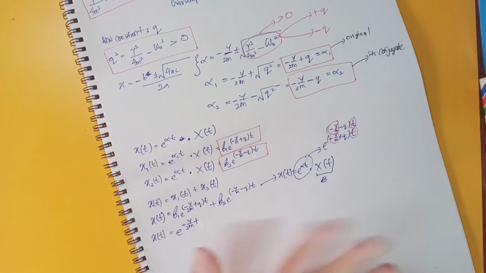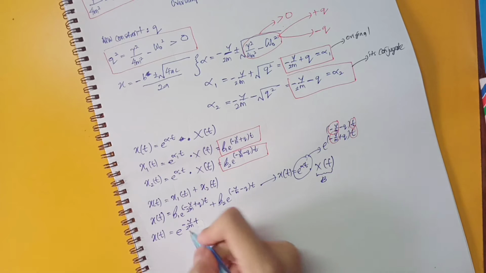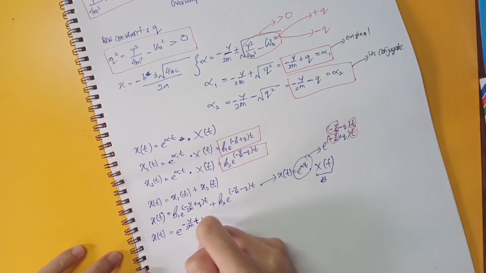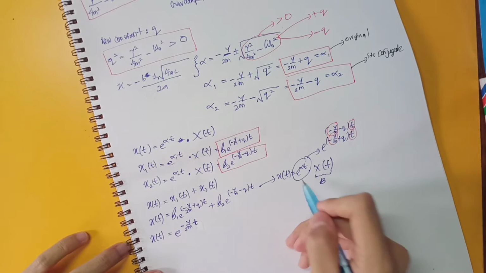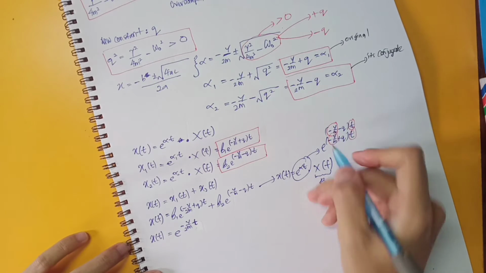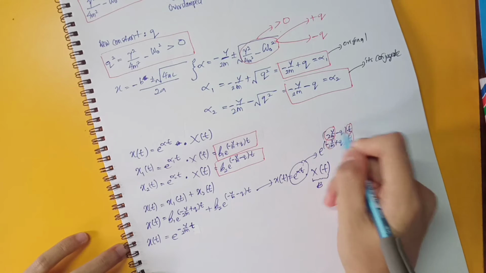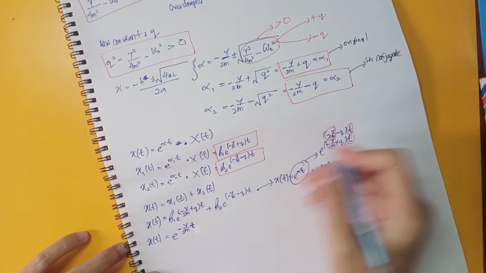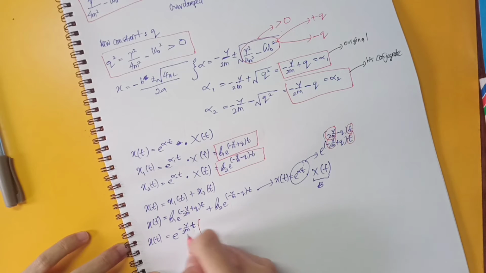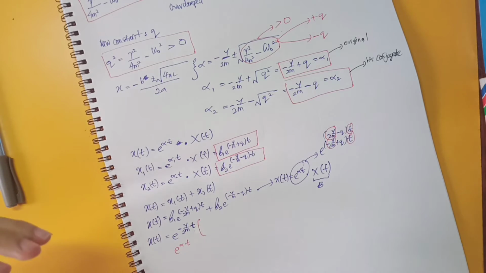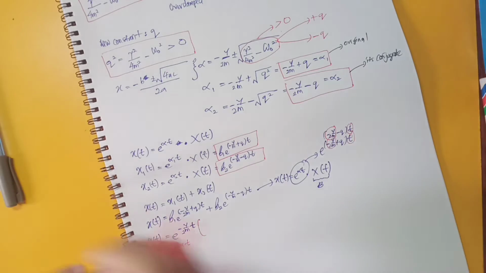This chapter, I'll say, is really tough, so you have to do some analysis by yourself. So exponential power of negative gamma over 2m t, and gamma over 2m times with the t, right? From here, and then open bracket. This is represented as exponential power of alpha. Actually, this is not alpha, it's what we call the modification.